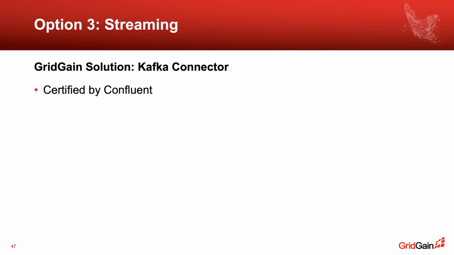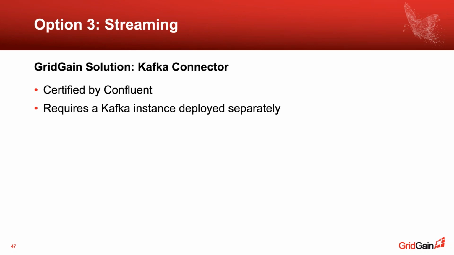So by setting up a Kafka instance and Kafka connectors on the primary side and on the secondary side, we can create that replication link, that streaming link that we need for our DR solution.